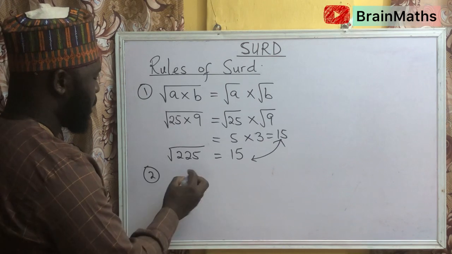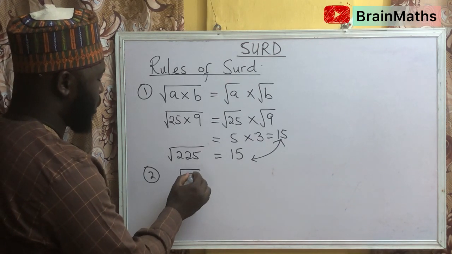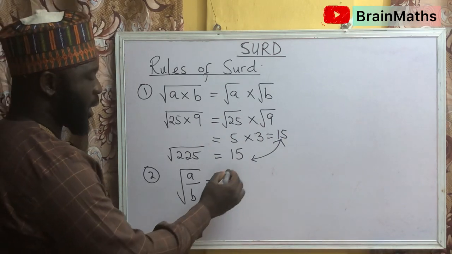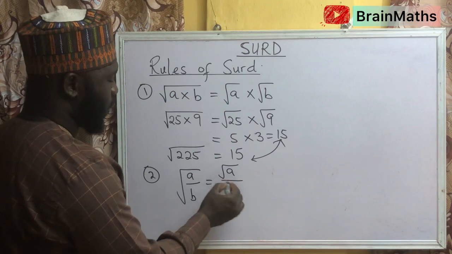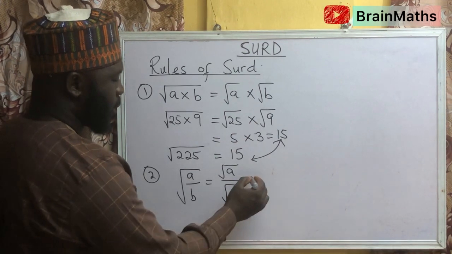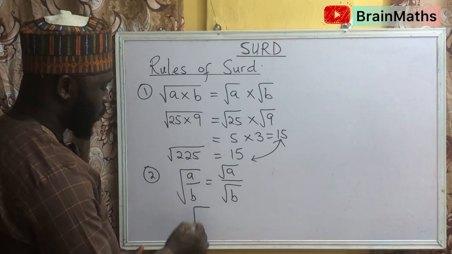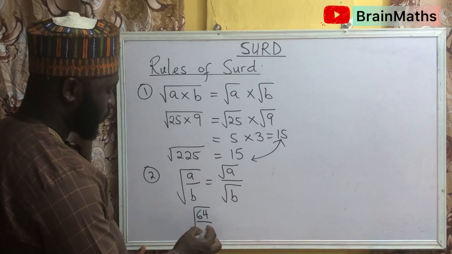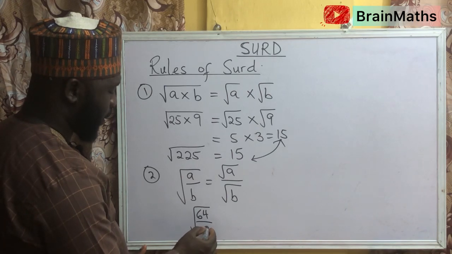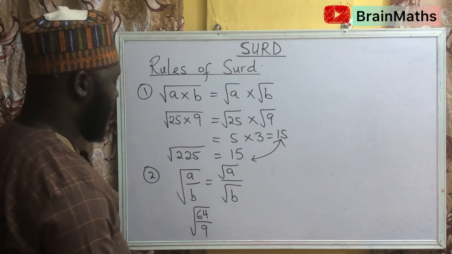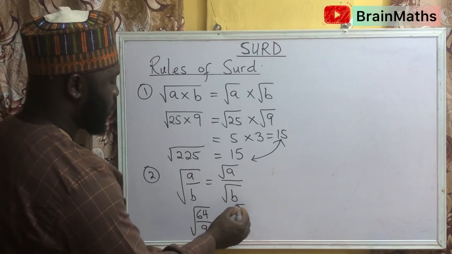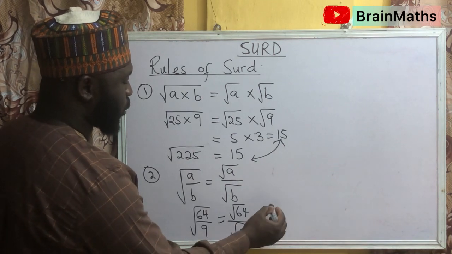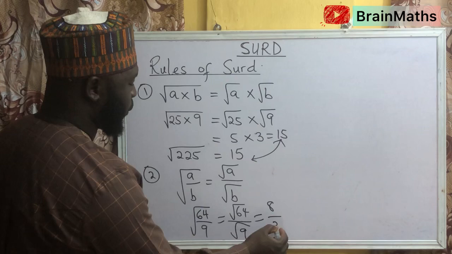Rule number 2 says, wherever you are given square root of A divided by B, this can be written as square root of A over square root of B. For example, if we have square root of 64 over 9, we can break this into square root of 64 over square root of 9, which is equal to 8 over 3.